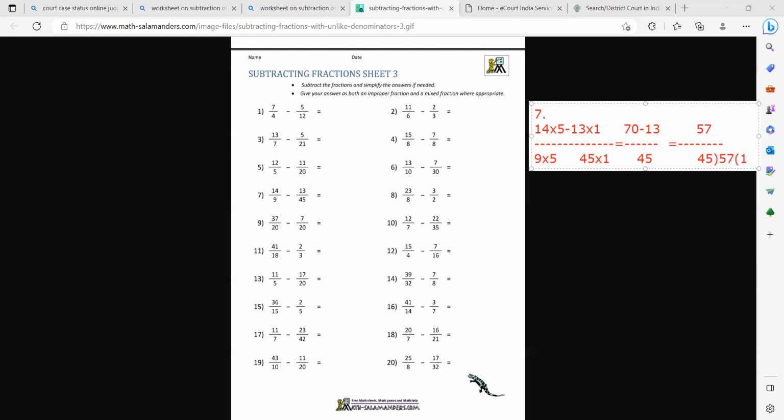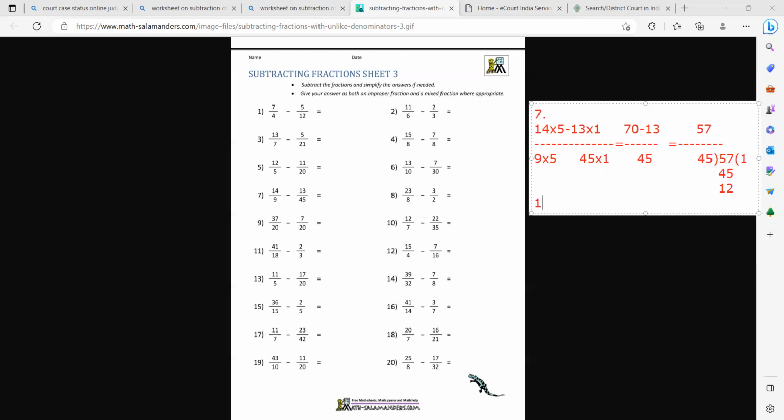It is 45 into 1 as in 57 minus 45. 57 minus 45 will give us the answer as 13. No, 12. 7 minus 5 is 2. 5 minus 4 is 1. So 1 whole 12 by 45 is the correct answer.